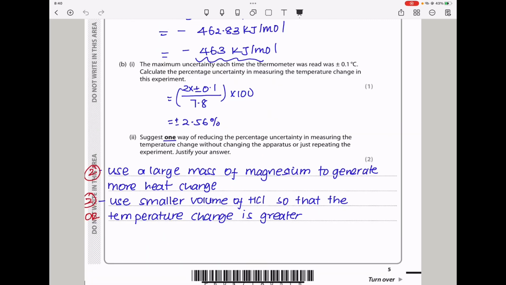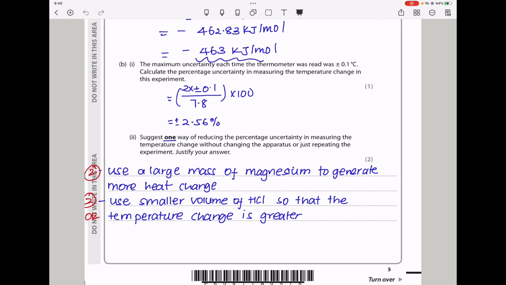Next they say, suggest one way of reducing the percentage uncertainty in measuring the temperature change without changing the apparatus or just repeating the experiment, and they want you to justify your answer. In order to reduce the percentage uncertainty, we have to make sure we measure a bigger value. So it means the temperature change has to be higher. How can we make the temperature change higher?